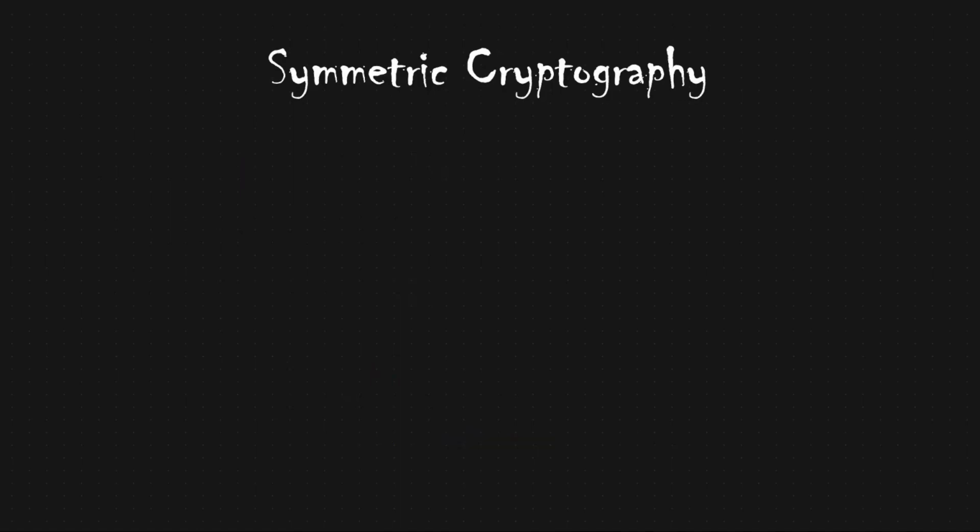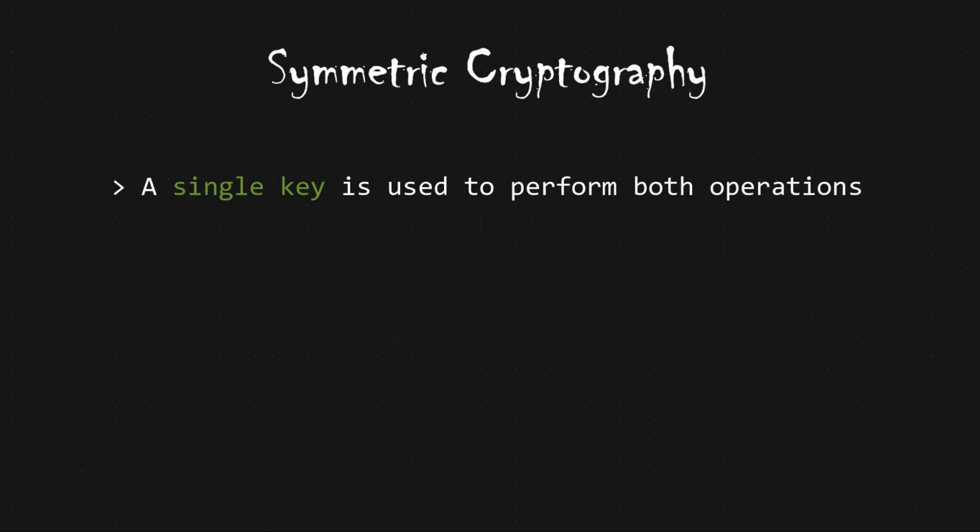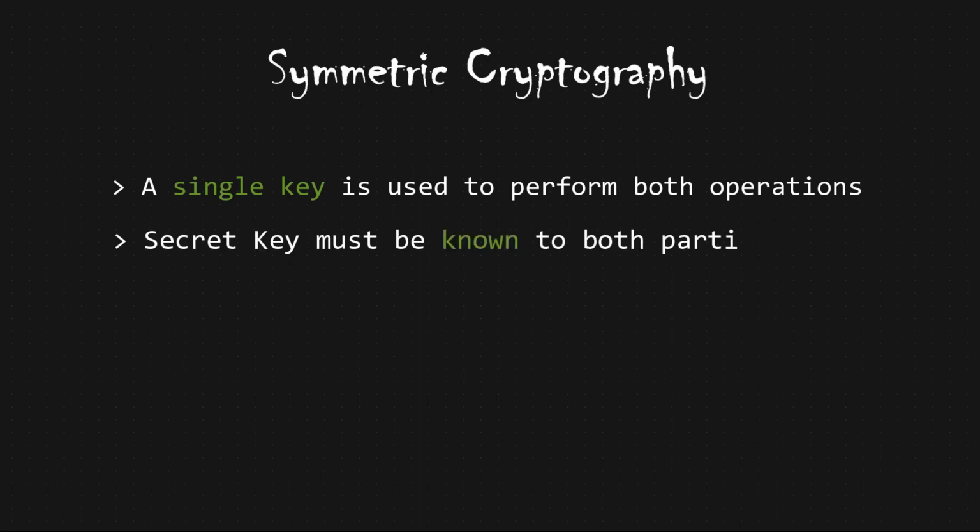As the name suggests, in symmetric key cryptography or private key cryptography, there is only one key used for both operations, i.e. the encryption process and the decryption process. In order for both encryption and decryption to work, a secret key must be known to both parties who want to communicate with each other prior to the communication. Let's suppose you and me. If we both want to communicate over an encrypted channel using a symmetric key encryption technique, then we both need to have a secret key.